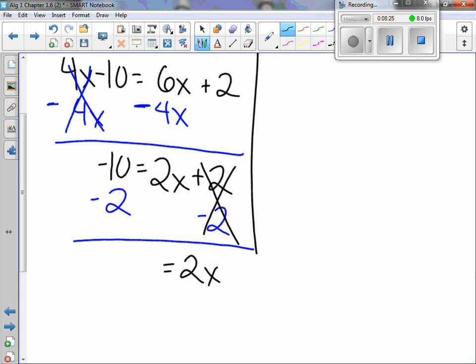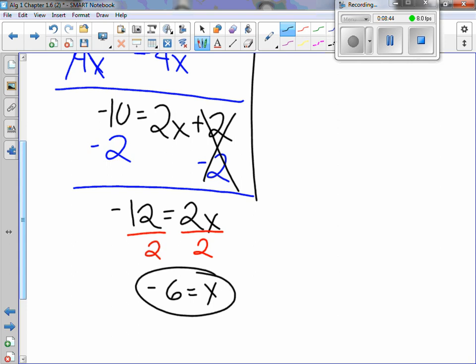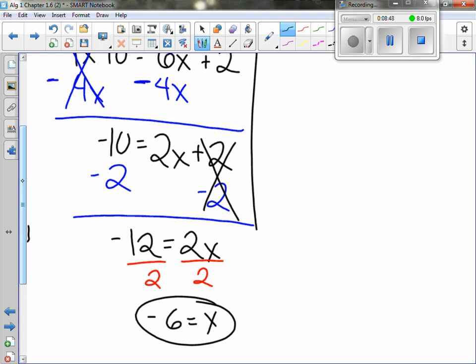And over here, we have negative 10 minus 2, and negative 10 minus 2 is negative 12. Which brings us to our last step, where we're going to divide both sides by 2. And when I divide both sides by 2, I get x is equal to negative 6. And that's it.